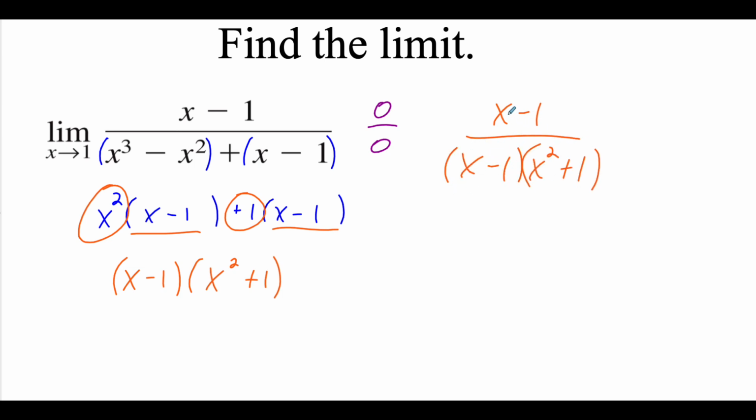So looking at this, the x minus 1s are going to cancel each other out. So we're going to be left with 1 over (x squared plus 1). And now we can take the limit of that as x is approaching 1. I should be able to direct substitute that 1 on bottom. So 1 squared is 1, plus 1 more. Looks like we get a limit of 1/2 on this one.